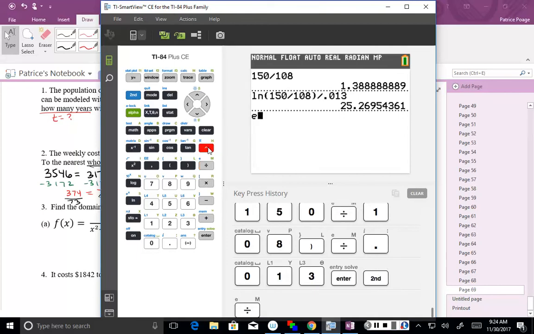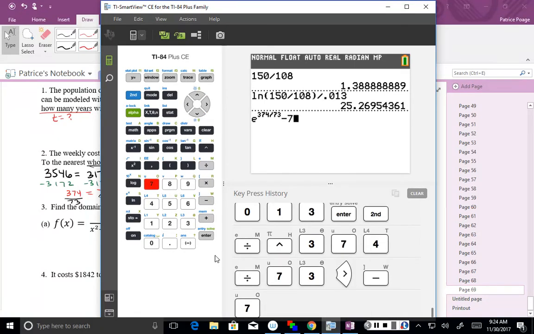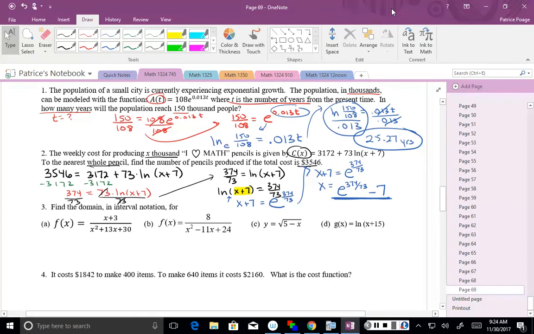So e to the 374 divided by 73 minus 7. And I get 160.9, so I'm going to say 161, but it's in thousands here, so it's 161,000.